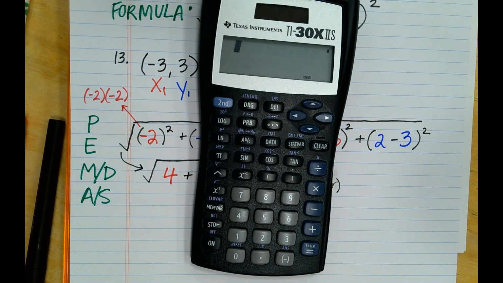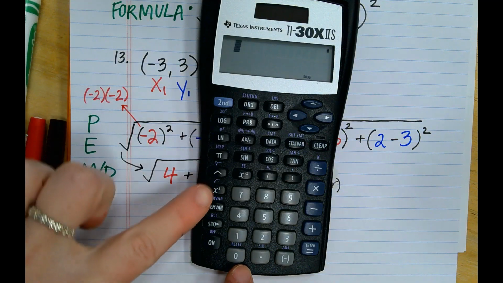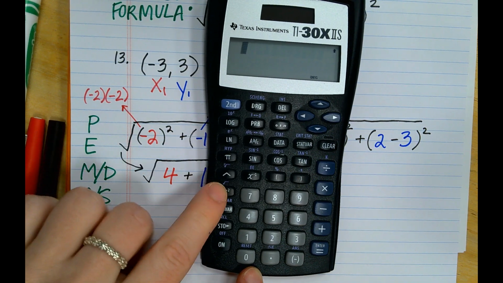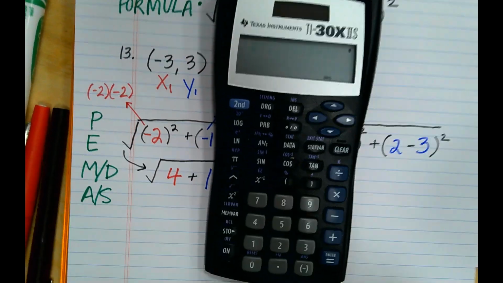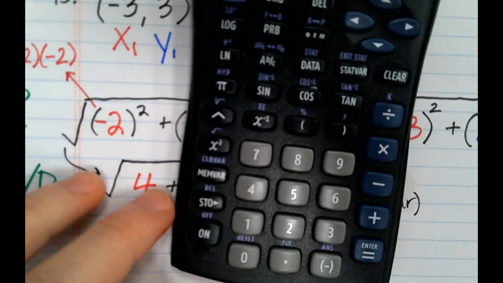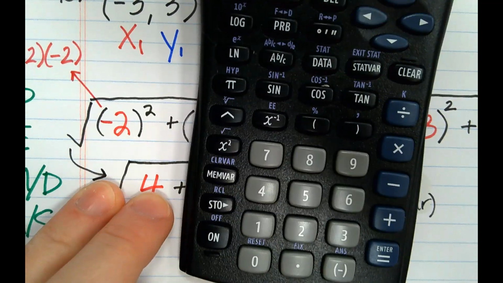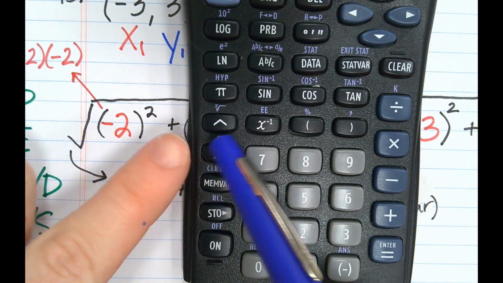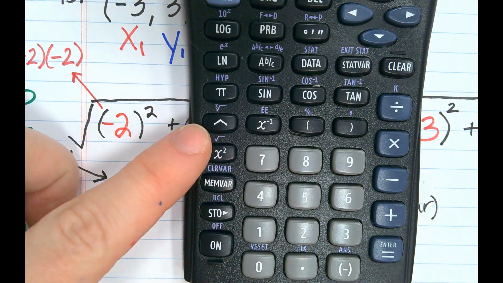So you will notice on your calculator that there is a button right next to the 7 that says x squared. And in blue, right above that, let me make this a little brighter and not blurry. So right here, right above x squared, you see a little square root symbol.